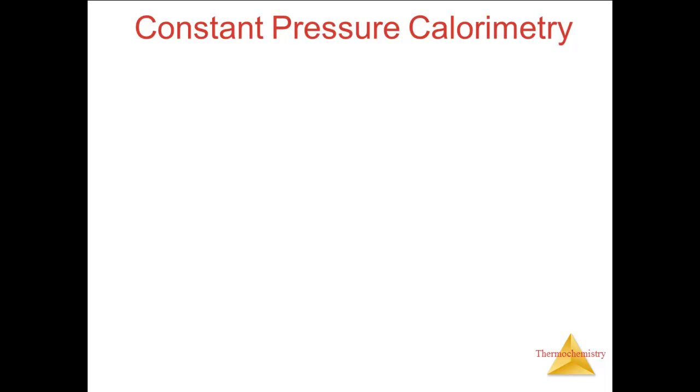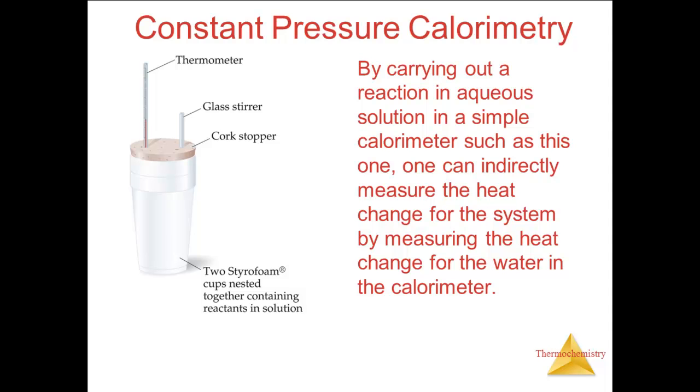The simplest is constant pressure calorimetry, where the reaction occurs in the laboratory at atmospheric pressure. A simple calorimeter, like this one made from 2 styrofoam cups, is often used, and the reaction usually occurs in solution.